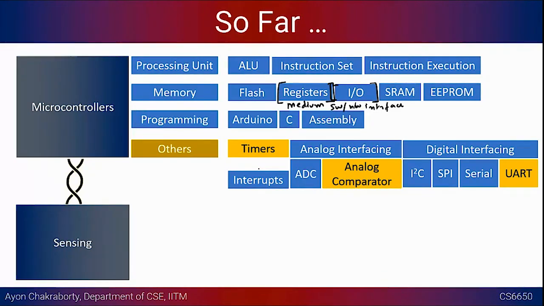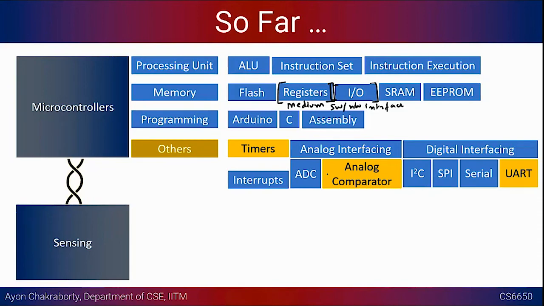But till now we have covered interrupts in some detail. We have covered ADC, how to program ADC, and in the digital part we have looked at serial data transfer. In between, in the keyboard example, we have covered some details. And apart from that, we have also looked at how to interface digital sensors using the I2C and the SPI bus.